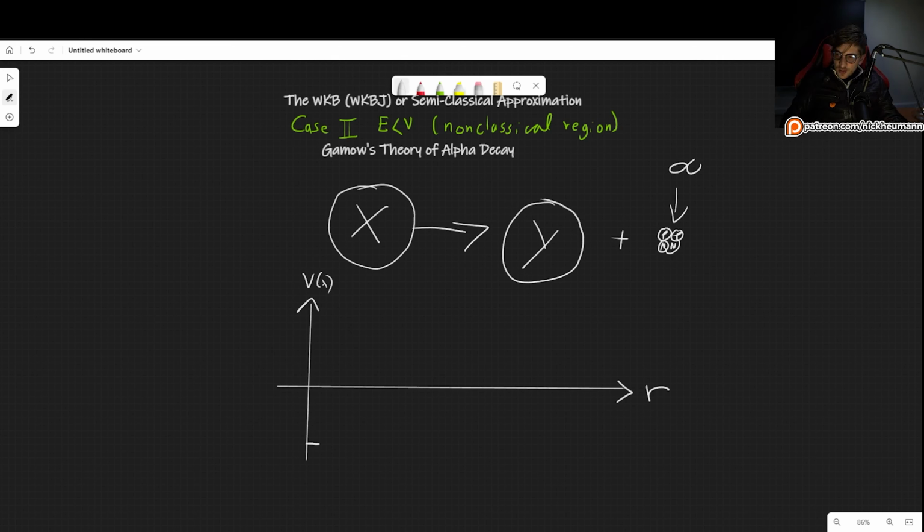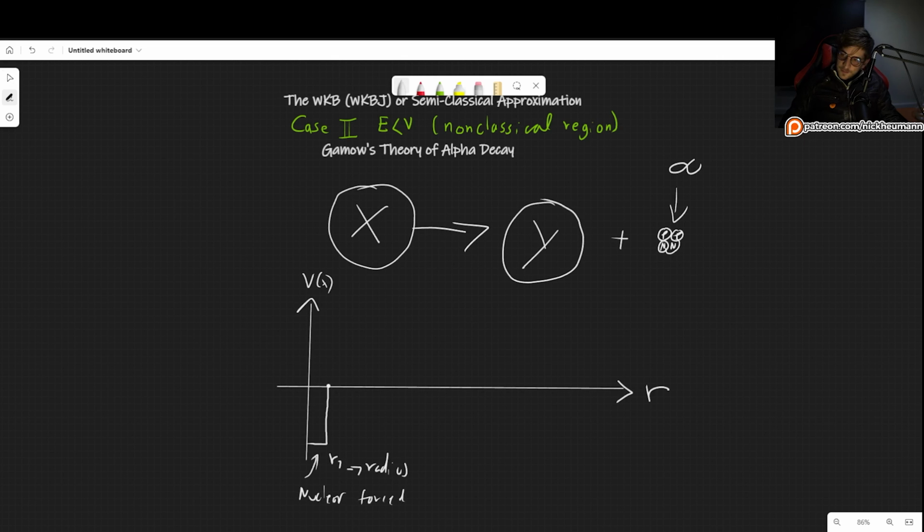So up to some point, which we will call R1, which is the radius of our nucleus, it will feel the nuclear forces. So this is nuclear forces right there. So it has an attractive potential, these nuclear forces.